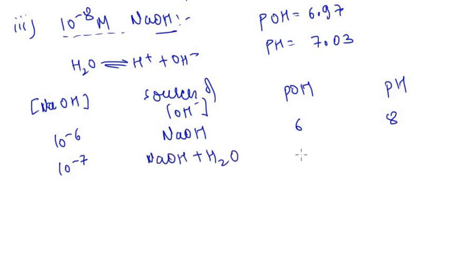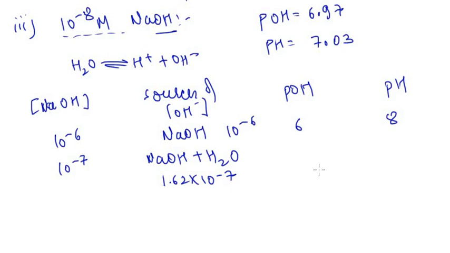When it is 10 raised to the power negative 7, the source of OH negative is NaOH plus H2O. Water is also included. You can see the concentration of OH negative comes out to be 1.62 into 10 to the power negative 7.